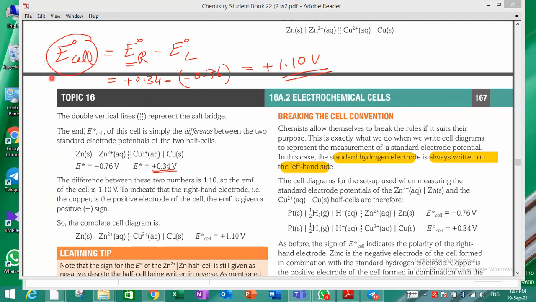And when we want to measure the E°cell, it is equal to E° right minus E° left: the one that gains the electrons, that has the more positive value, minus the one that has the less positive value. This should not always be a negative, it could be less positive. So we say the more positive minus the less positive, and we get the total as the E°cell, the standard cell electrode potential.